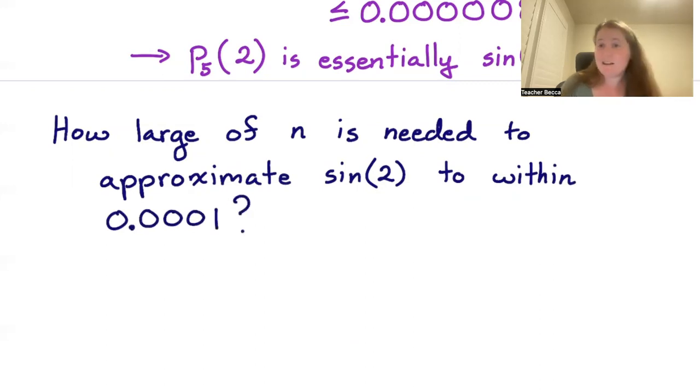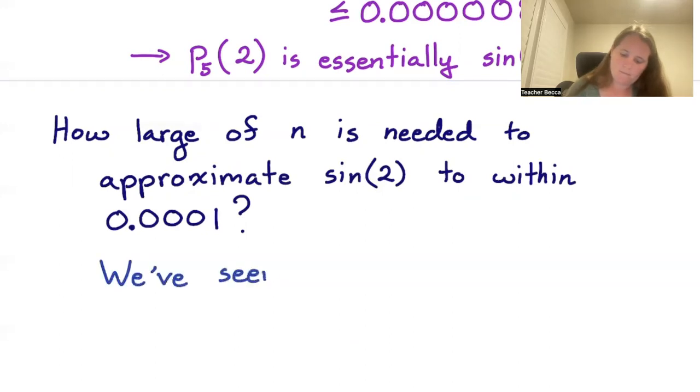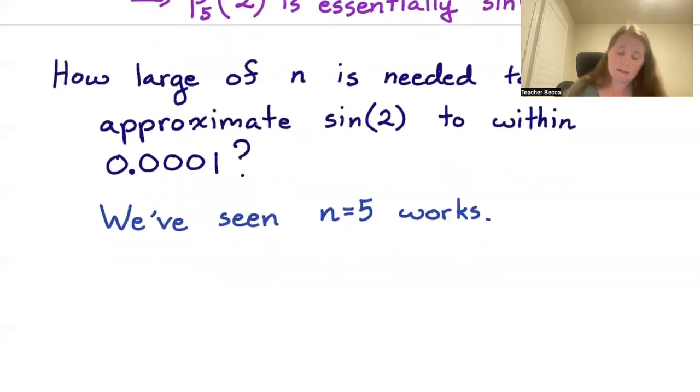So we've seen that n equals 5 does the trick. The question is, could we use n equals 4 instead, right? We've seen n equals 5 works. Could we have used a smaller degree instead?